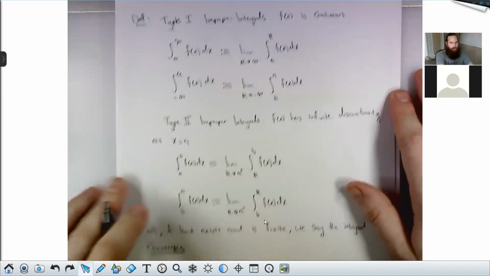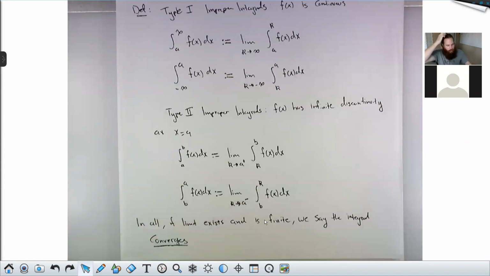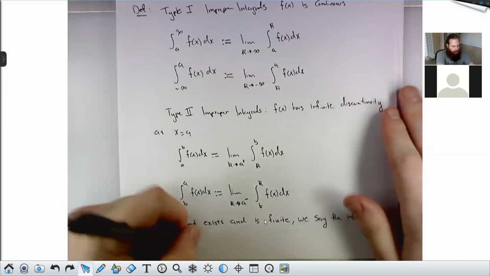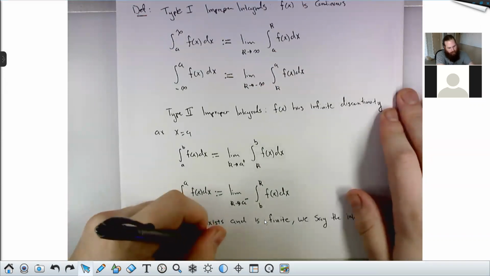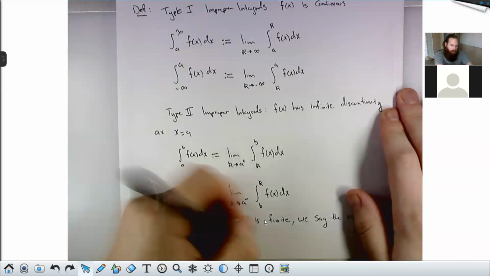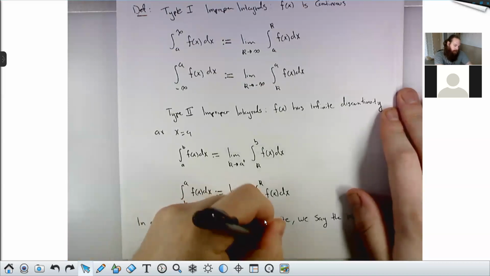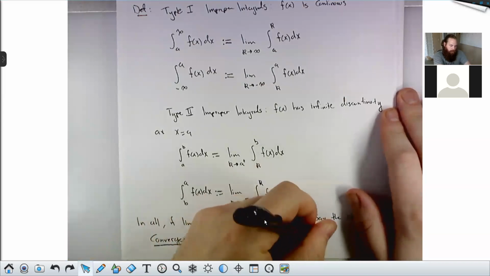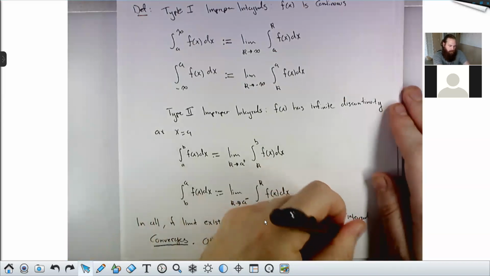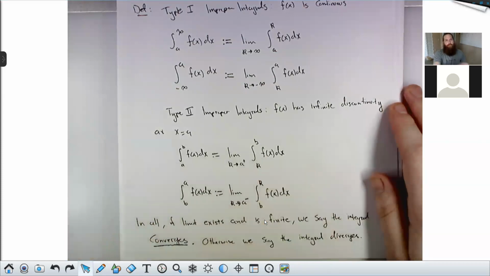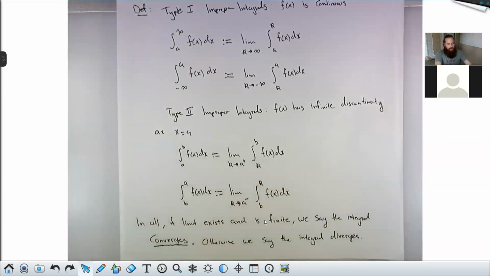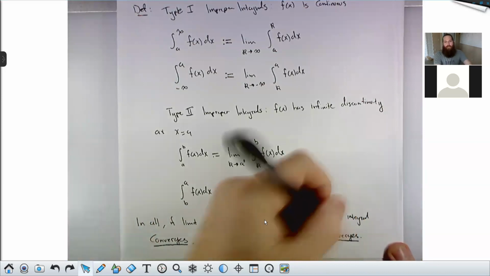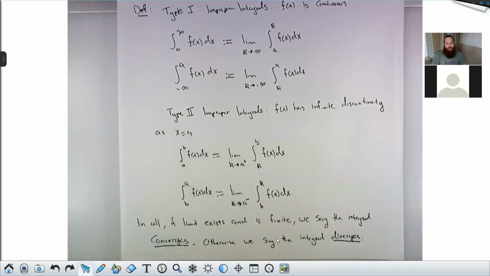And the way we use that language is we'd say that the integral converges to whatever that finite value is that the limit takes. Otherwise, we say the integral diverges. Okay, so these are the objects and the descriptors that go with those objects that we've been learning about lately.